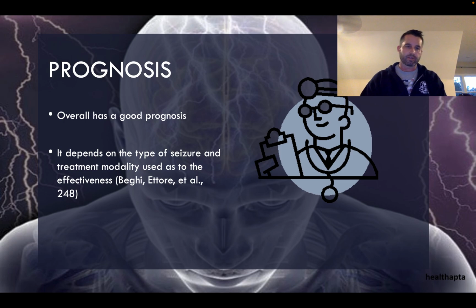Things that could affect this are individuals who drink alcohol, use illicit drugs, or skip medications. Those are very big factors, because if we're taking these anticonvulsant medications and also taking drugs, it alleviates the effectiveness of the medication itself.